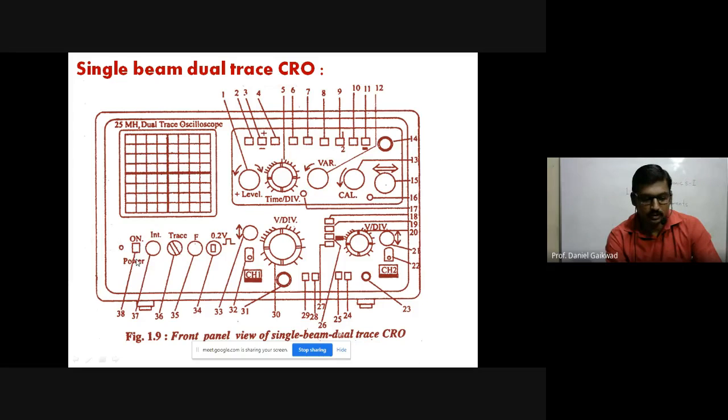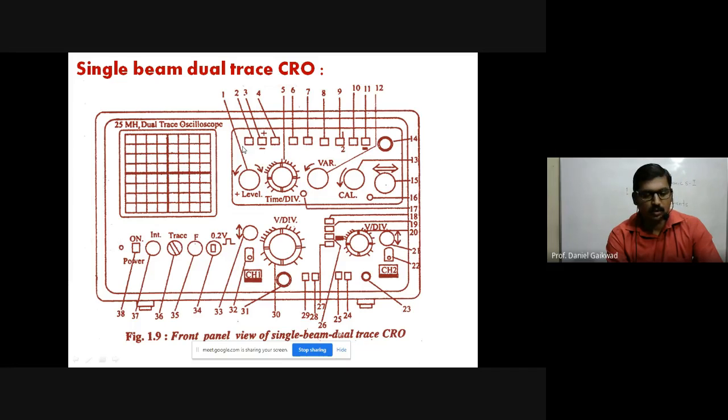Now here we have the INT, internal and external button. Here we have trace, then F, focus, 0.2 volt. So each particular number has a special working or special function in CRO. Let us go one by one.